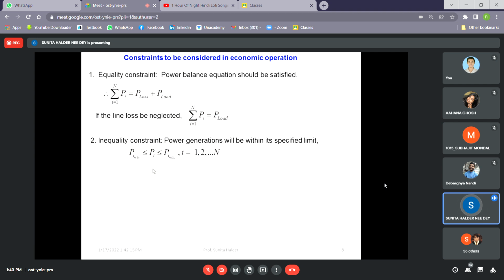For the ith generator, the minimum generation is Pi min and the maximum is Pi max. So if the solution suggests that generation should be less than P minimum for the ith generator, it will not be physically possible. That should be taken care of when we solve the economic load dispatch problem.